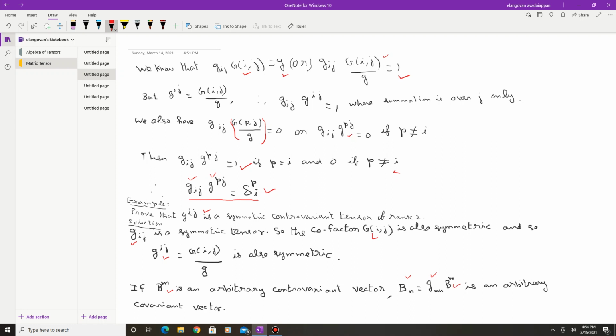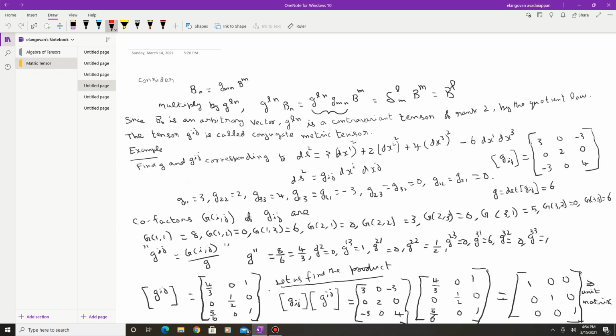So the index can be lowered by this process. So the lowering or raising of the index may be done by multiplying by the proper symmetric metric tensor.